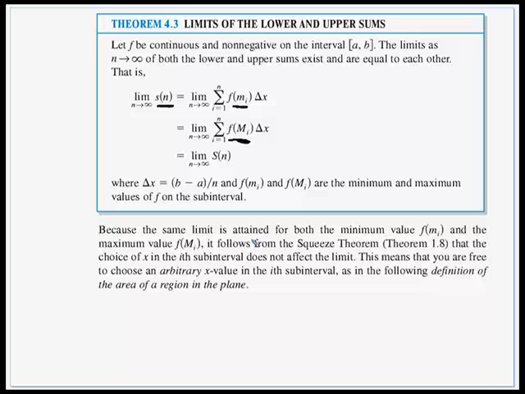Because the same limit is attained for both the minimum value and the maximum value, it follows from the squeeze theorem that the choice of x in the ith subinterval does not affect the limit. This means that you are free to choose an arbitrary x value in the ith subinterval, as in the following definition of the area of a region in the plane.